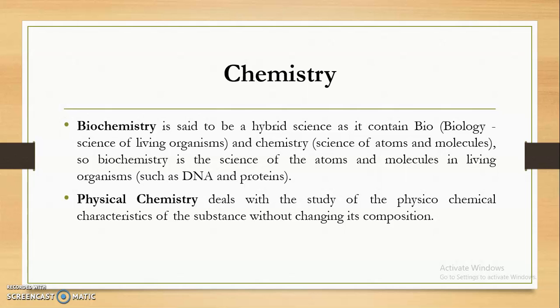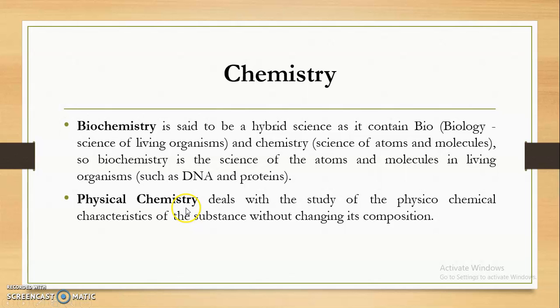Physical chemistry is another branch of chemistry which deals with the study of physico-chemical characteristics of a substance without changing its composition. So in analytical chemistry or in pharmaceutical analysis, we are also dealing with physical chemistry.